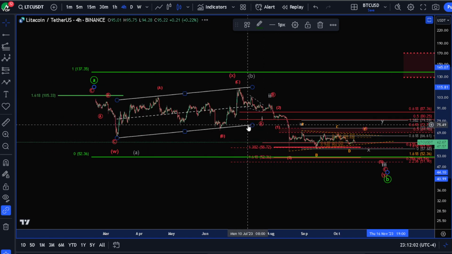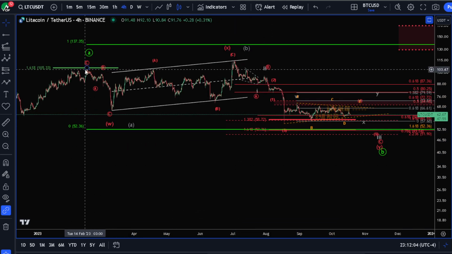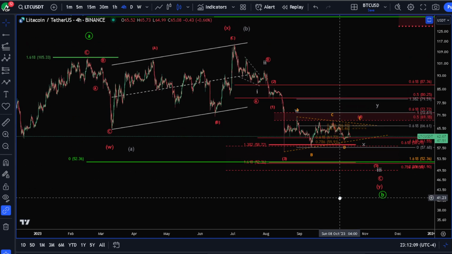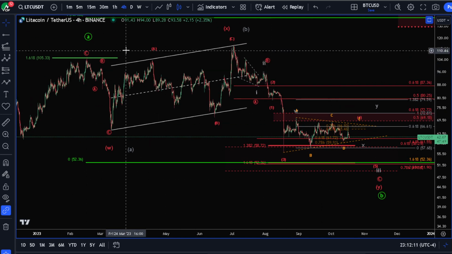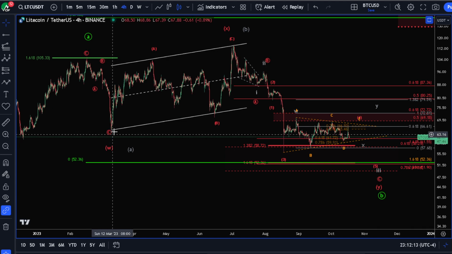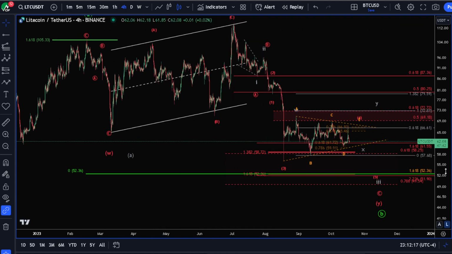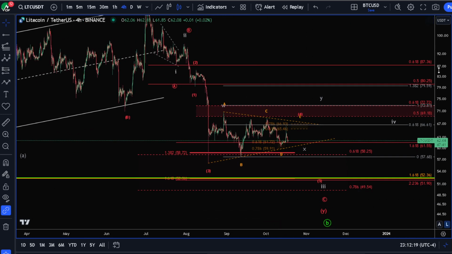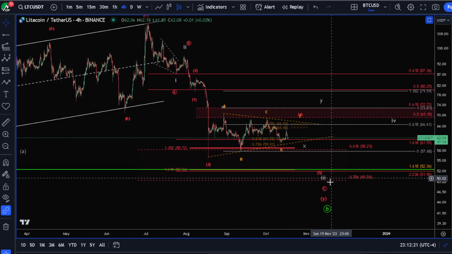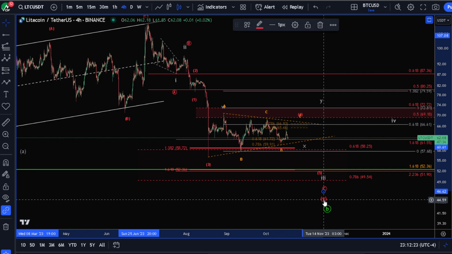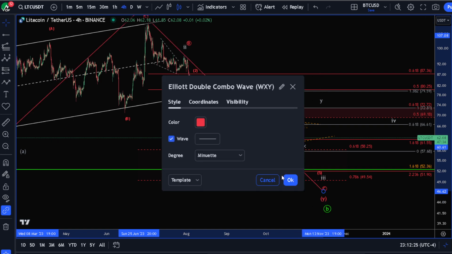Now zooming in closer, this is our proposed high, and we're making either a WXY or an ABC as an expanded flat. We had 3 waves down for our A or W, 3 waves up for our X or B, and looking for either 3 waves down to complete this Y wave, which would have us complete after one more wave down.